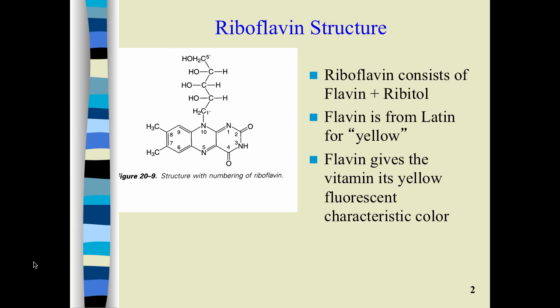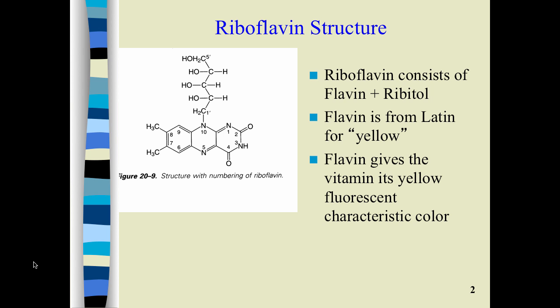It has I'd say two parts to it. Riboflavin consists of flavin and ribitol. So here are the flavin ring structures. Here's ribitol. Several alcohol groups here. These two are attached. Flavin is from Latin flavus, which means yellow.